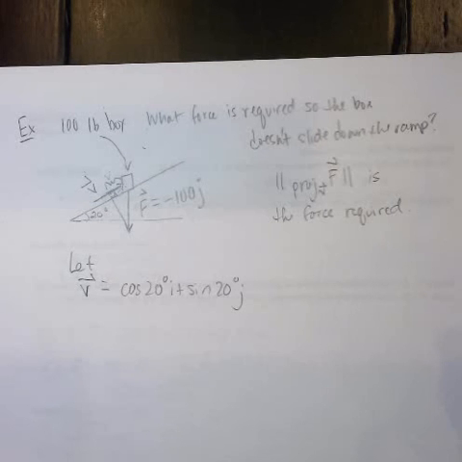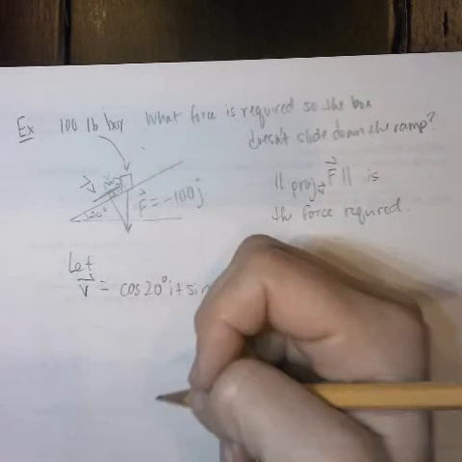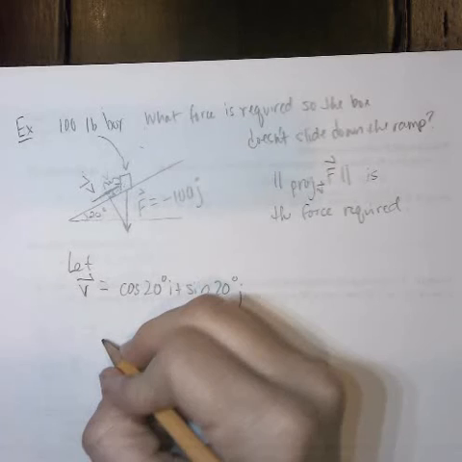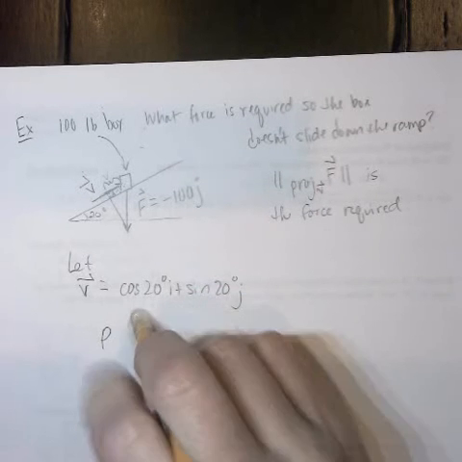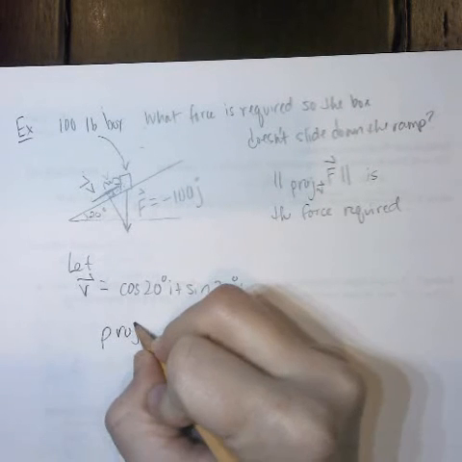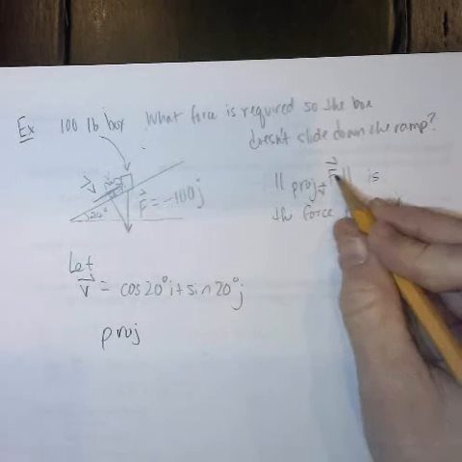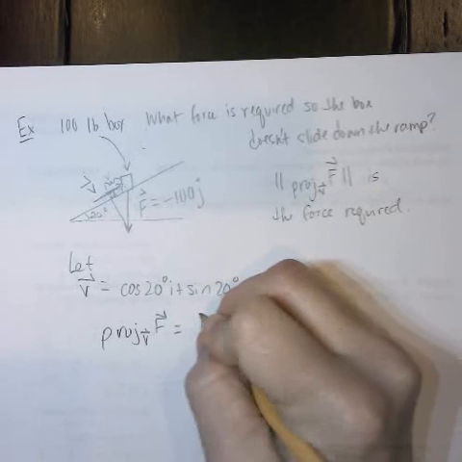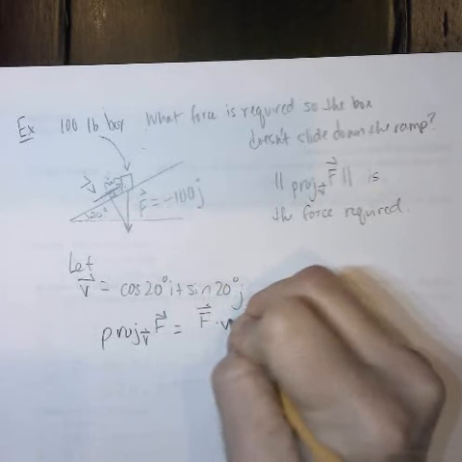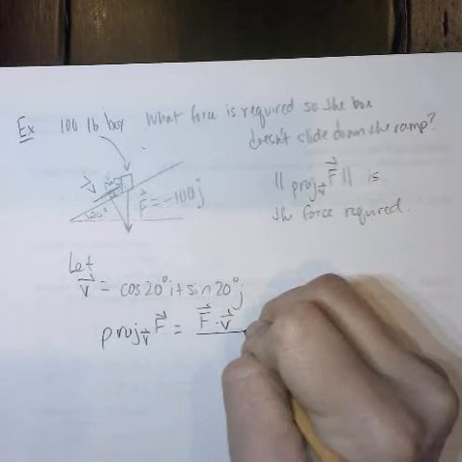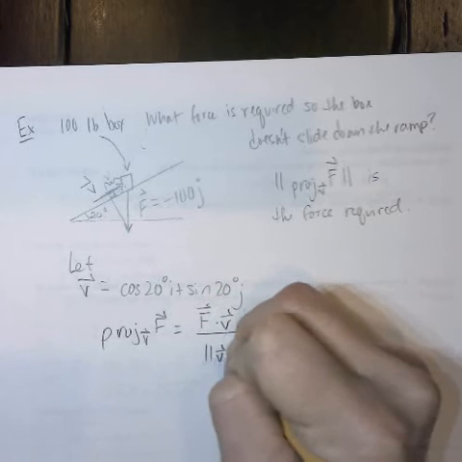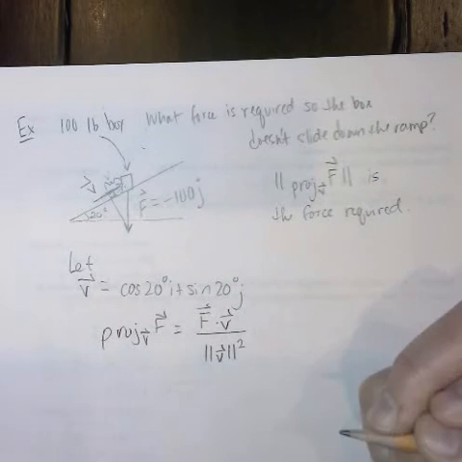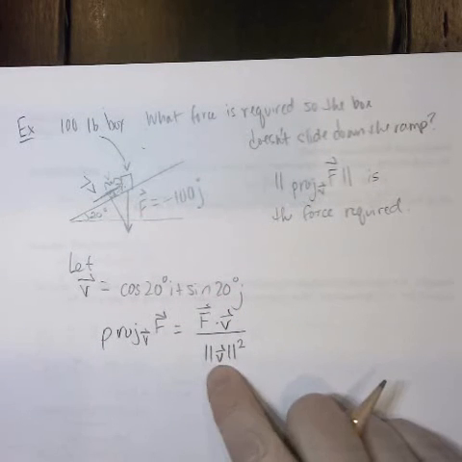So now let's find the projection vector. So projecting F onto V. Of course, that's F dot V over the magnitude of V squared, and the fact that we used a unit vector here makes this real simple, right?